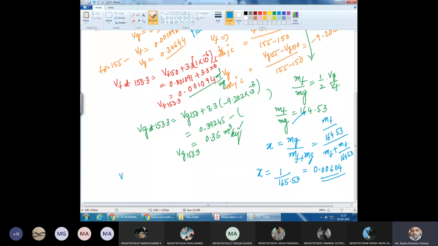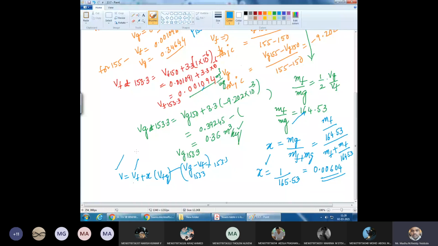V is equal to Vf plus X into Vfg, and again you need to do interpolation corresponding to this particular temperature. Vfg can be written as Vg minus Vf. So Vg at 153.3 is known, Vf at 153.3 is known, and dryness fraction is known. You will get the volume if you substitute.